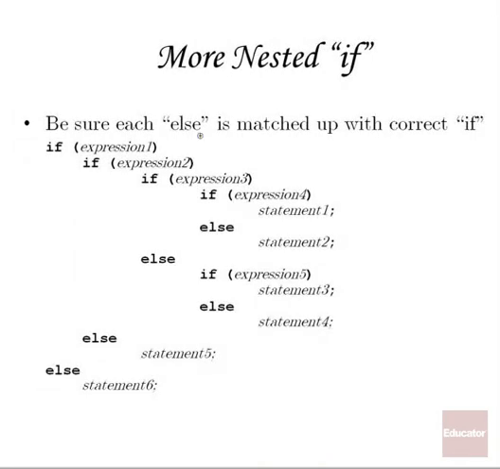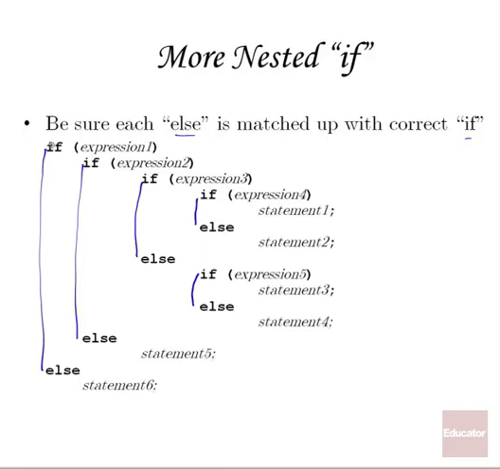You make sure each else is properly matched up with the correct if. Here we see a whole bunch of nested ifs and nested elses. So this else belongs to that if. This else belongs to that if. This else belongs to that if. This one to that one. And this one to that one. As you can see, this can get complicated very quickly.